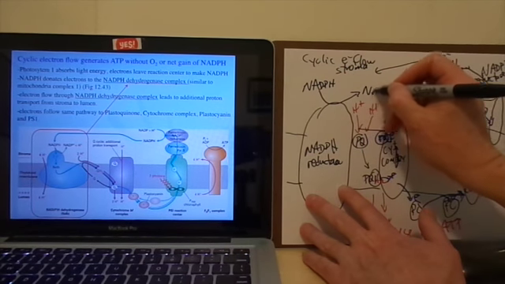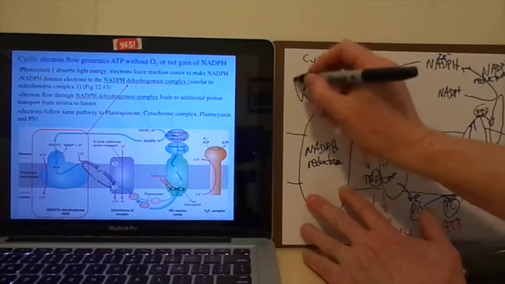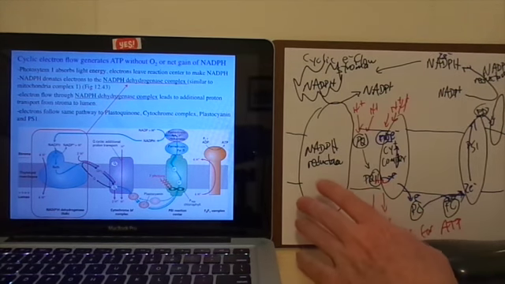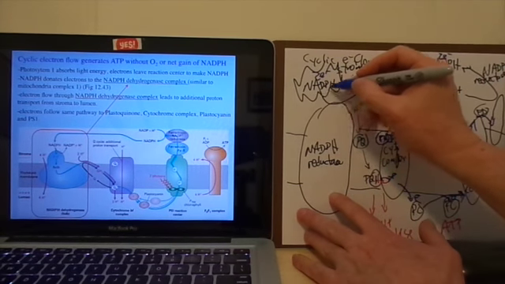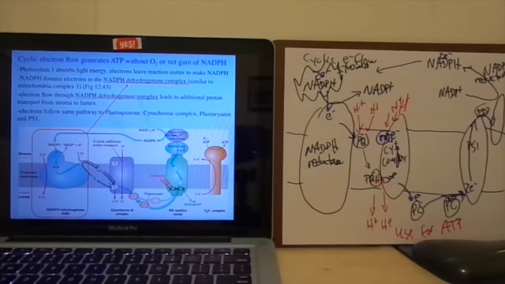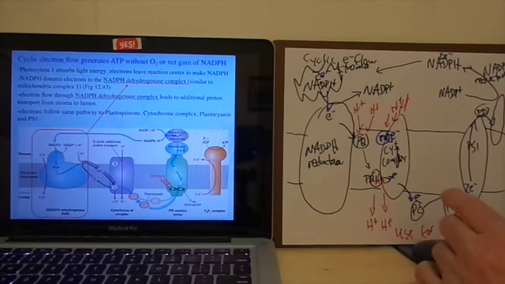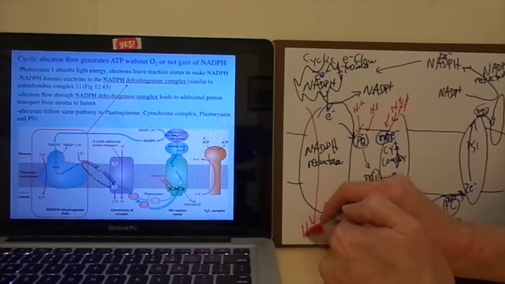Turning around and remaking NADP+. NADPH has a couple of electrons on it. These electrons feed into this pathway, and they get picked up by plastoquinone. As a consequence of this, you have proton flow that occurs.